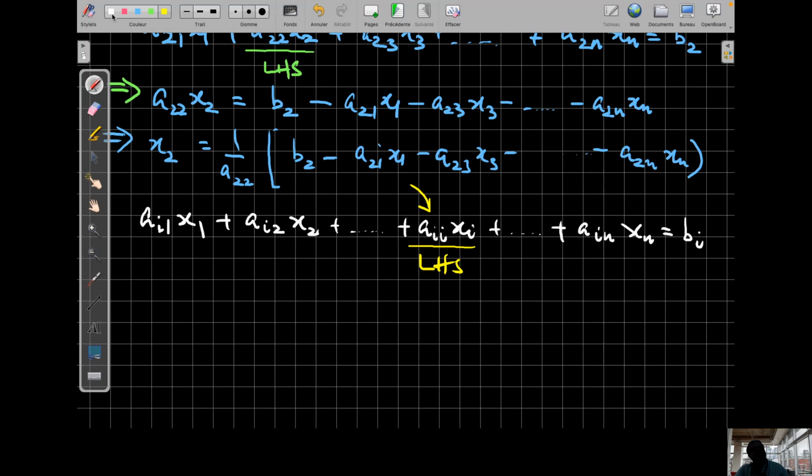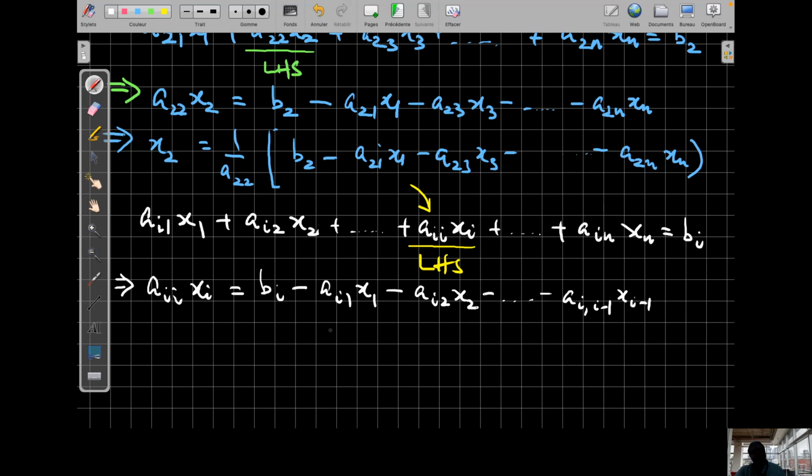So what will happen here? Let us see this. This is basically implying that I'm going to write a_ii x_i equals p_i minus a_i1 x_1 minus a_i2 x_2 minus so on and so forth up to a_i,i-1 x_i-1.